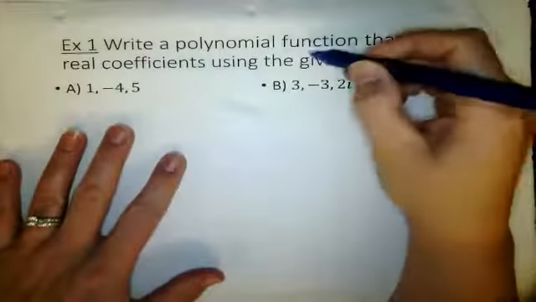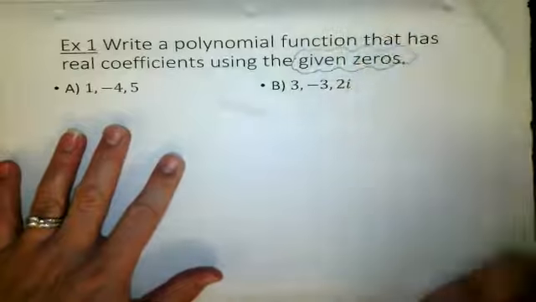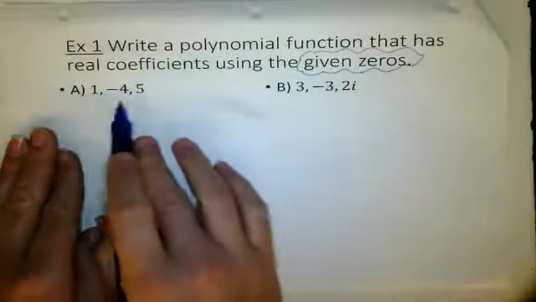All right, so what they're giving me here are zeros. So on this one, they're giving me 3 zeros.